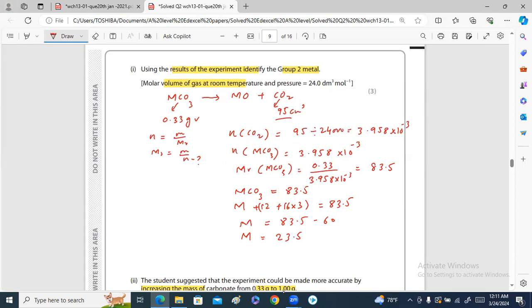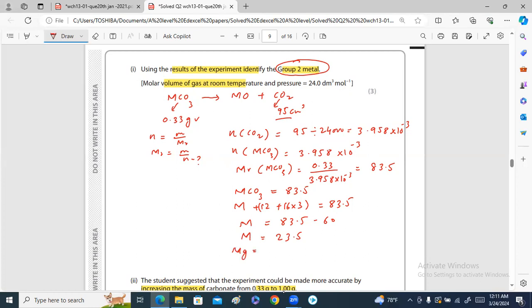Now, mostly the 23 is used for sodium, but this is not sodium because this is the group 2 metal carbonate. If it is 23.5, it must be magnesium, because magnesium is 24. So this value is close to magnesium.